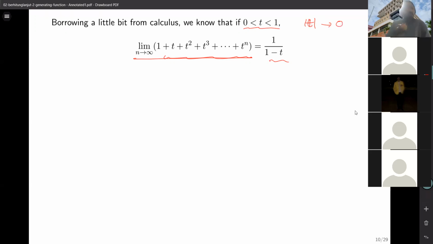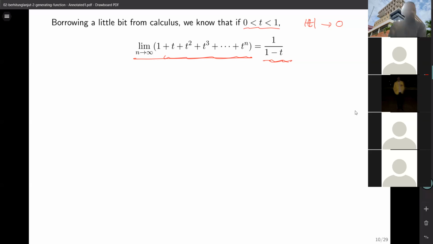So let me ask, is this correct? How do we know that this is correct? Can anybody tell me how do we get this formula? You guys remember the summation series? Matthew? Is it from the geometric summation series?